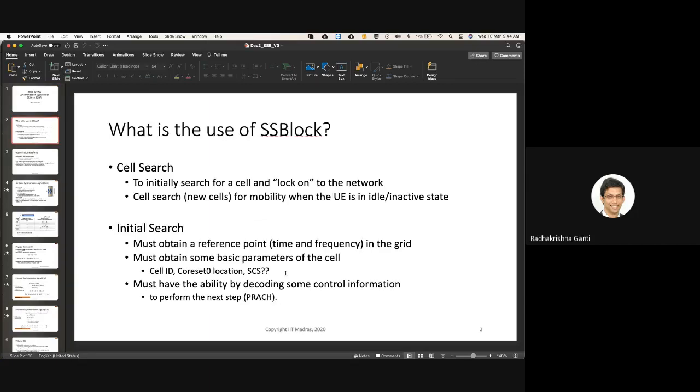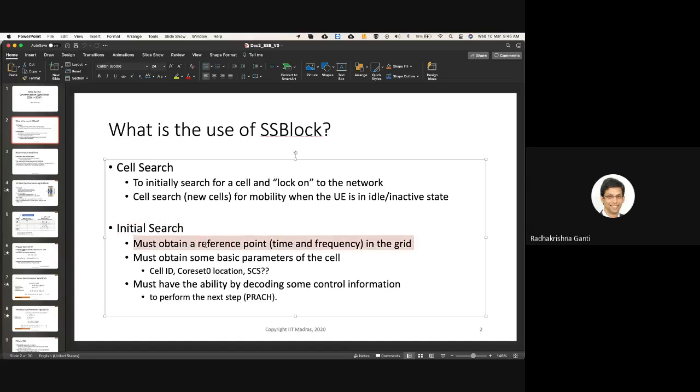As I said, the SS block is mainly used to do cell search, to initially identify a cell and then lock on to the network. The same SS block can also be used when you're moving from one cell to another. We'll come to that later, but something to keep in mind. This is called cell search.